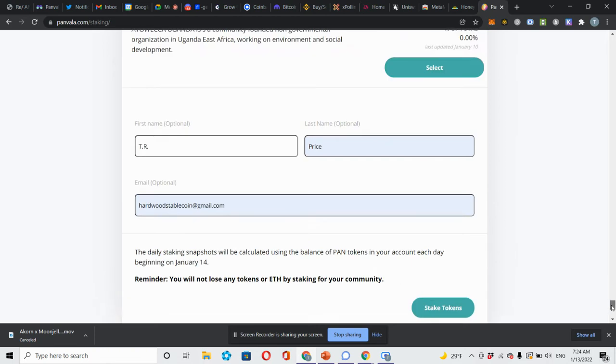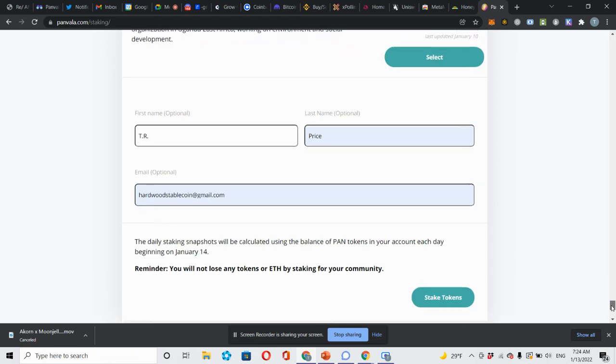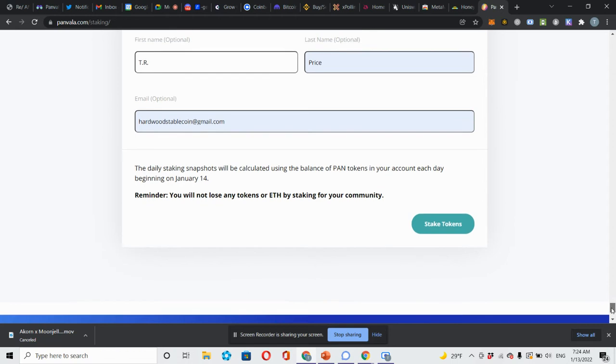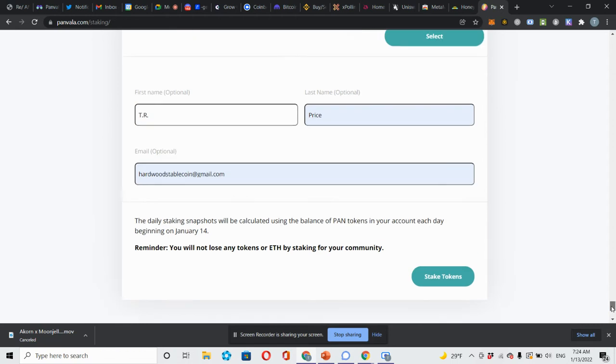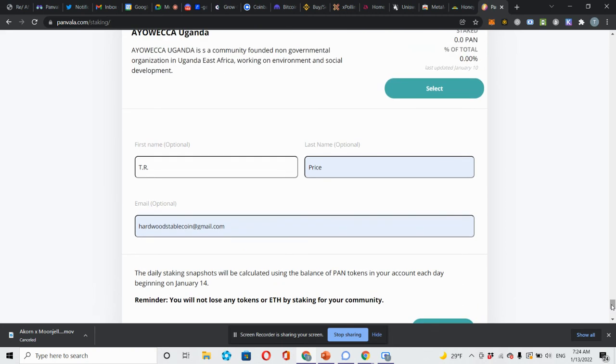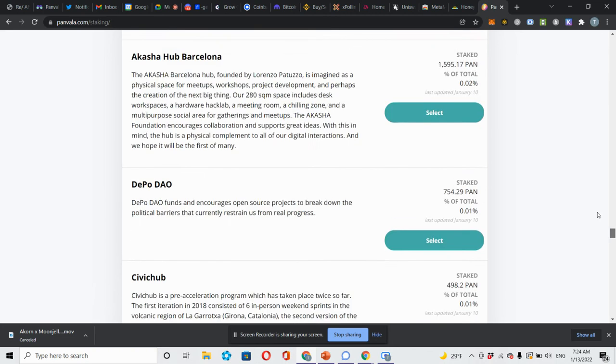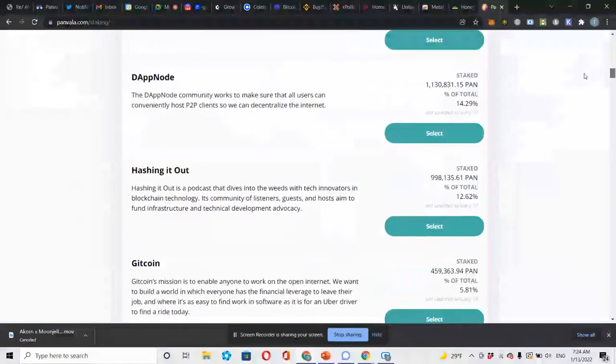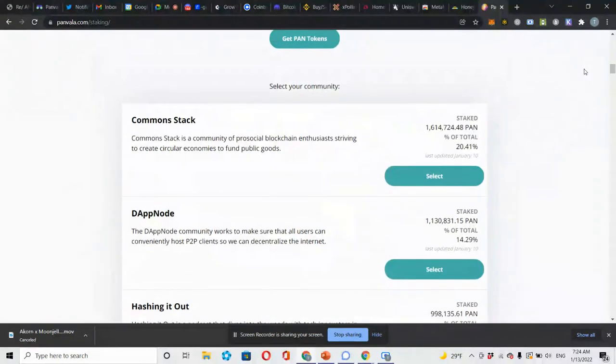So it's non-custodial, so it's not affecting the tokens or the amount of ETH that you have by staking these PAN tokens. What it's doing is it's calculating how bought in your community is and how enthusiastic they are about your community supporting in this Panvala total treasury.